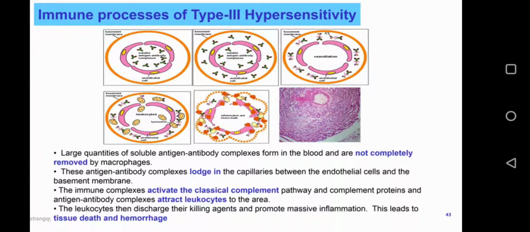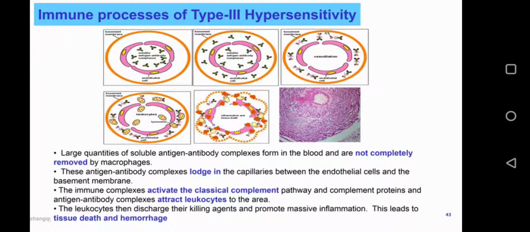But if there is a large quantity of soluble antigen-antibody complex, that means a high level of immune complex forms in the blood. It cannot be removed by the macrophages in the spleen and liver. So these complexes lodge in the capillary between the endothelial cells and the basement membrane, as this picture shows.